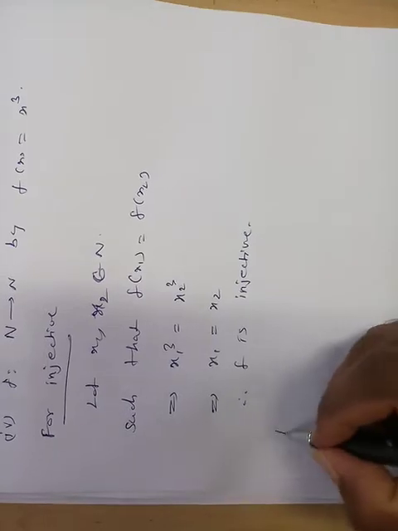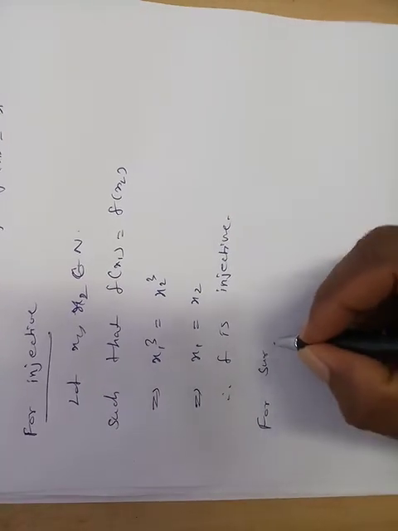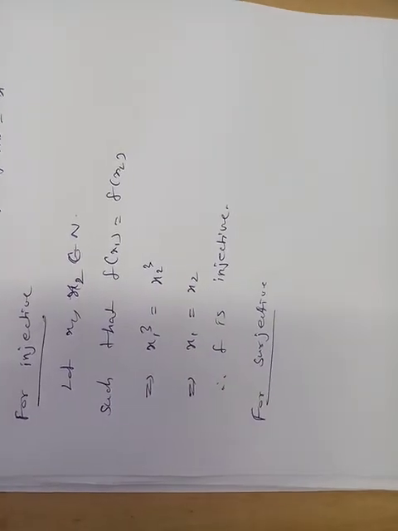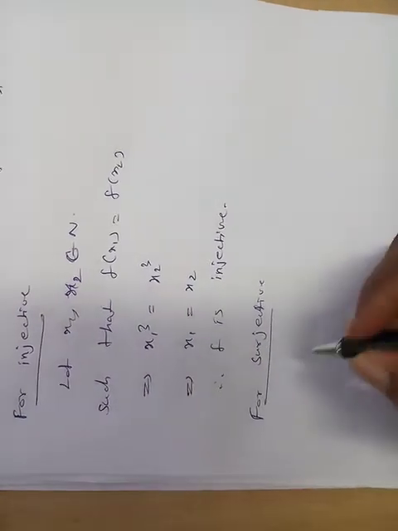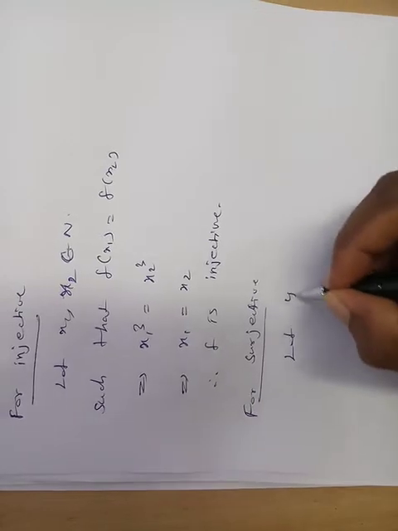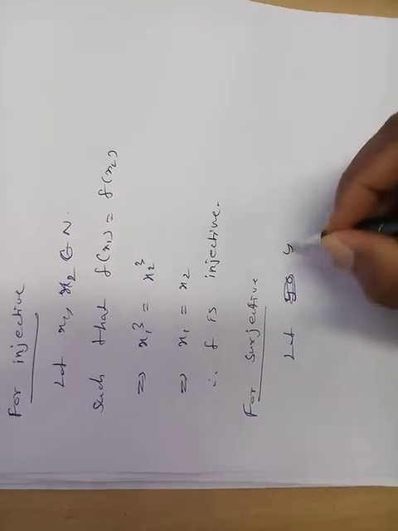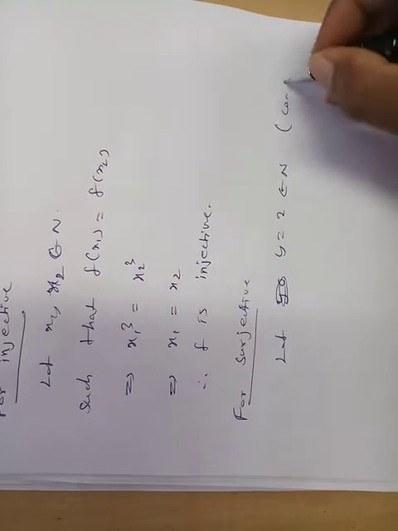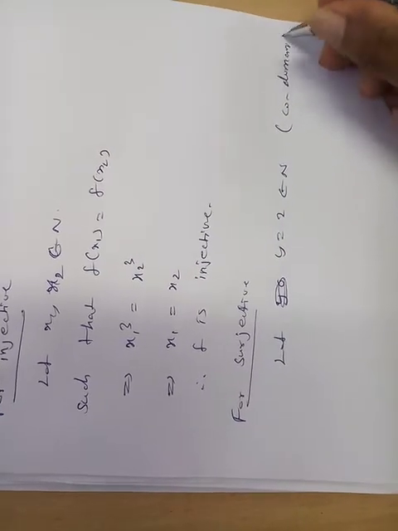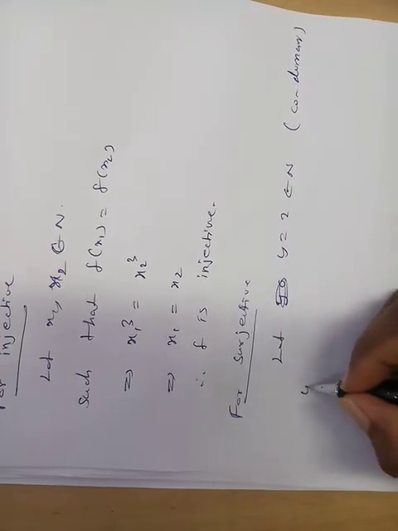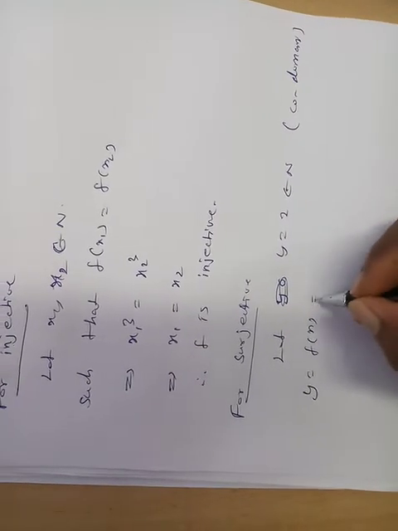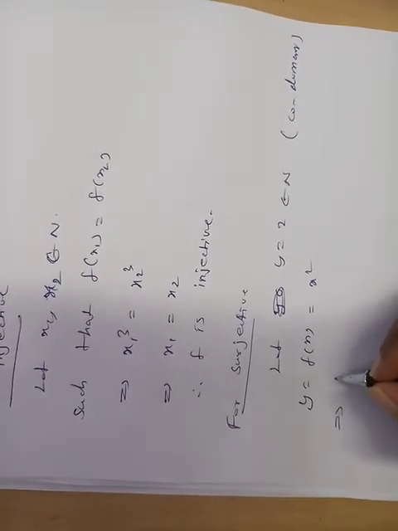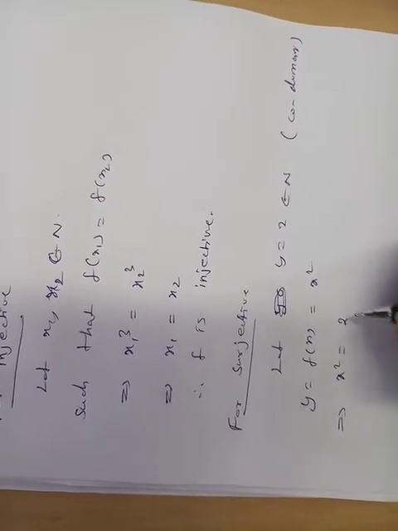For surjective, let y equal to 2 belong to N, the codomain. Then y is equal to f of x is equal to x cube, which implies x cube is equal to 2.